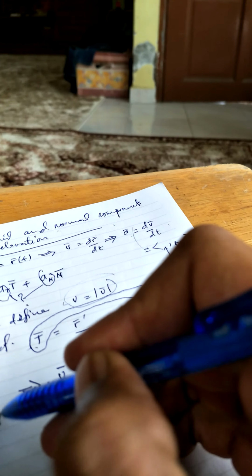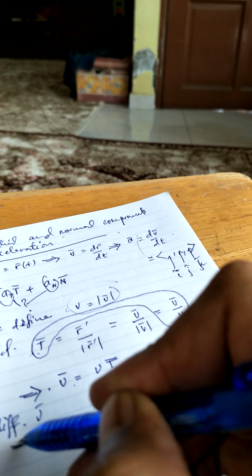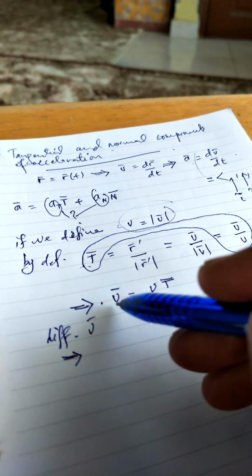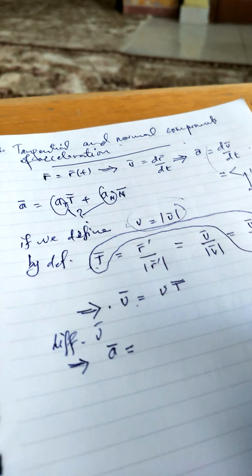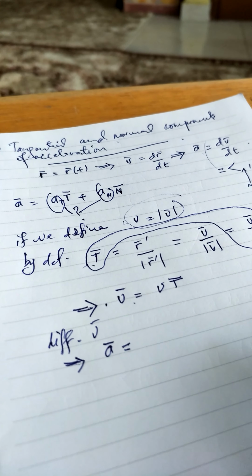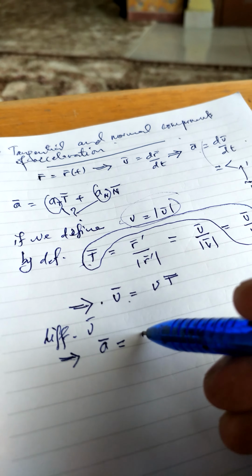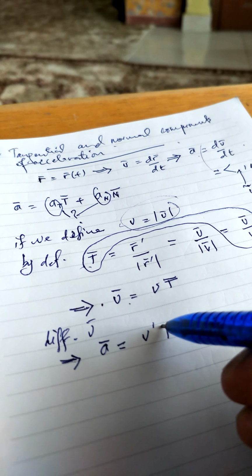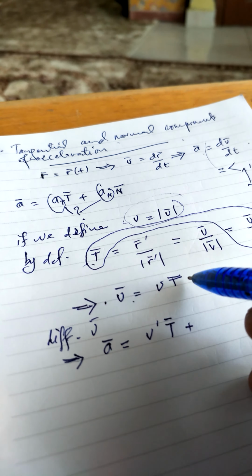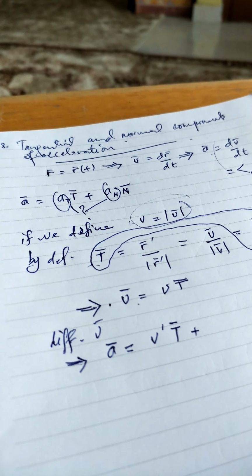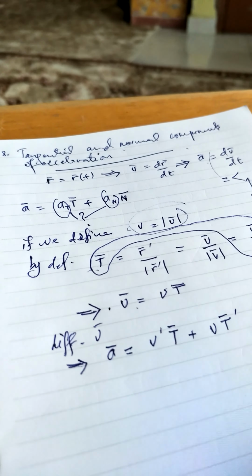So if you differentiate v, we have a. Now to differentiate this, you use the product rule. So we have v prime T plus, you differentiate one and fix the other, then fix one and differentiate the other, v T bar prime.